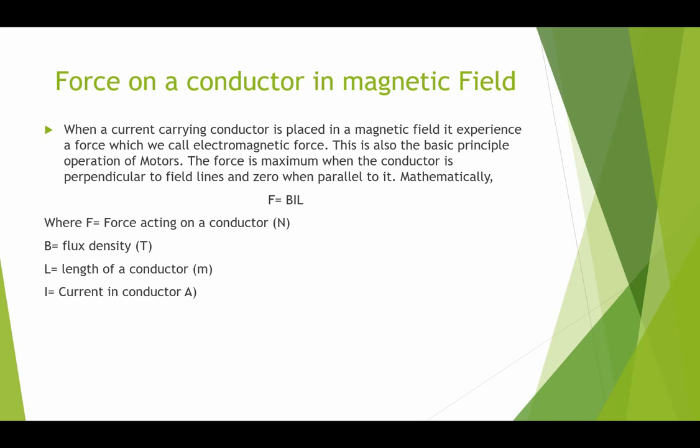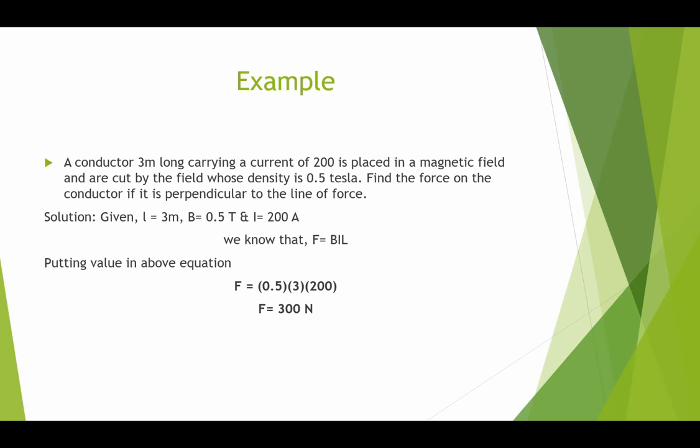Another thing to remember is that the force is maximum when the conductor is perpendicular to the magnetic field lines, and when they are parallel there is no change in flux and hence no EMF induced and no force on the conductor.